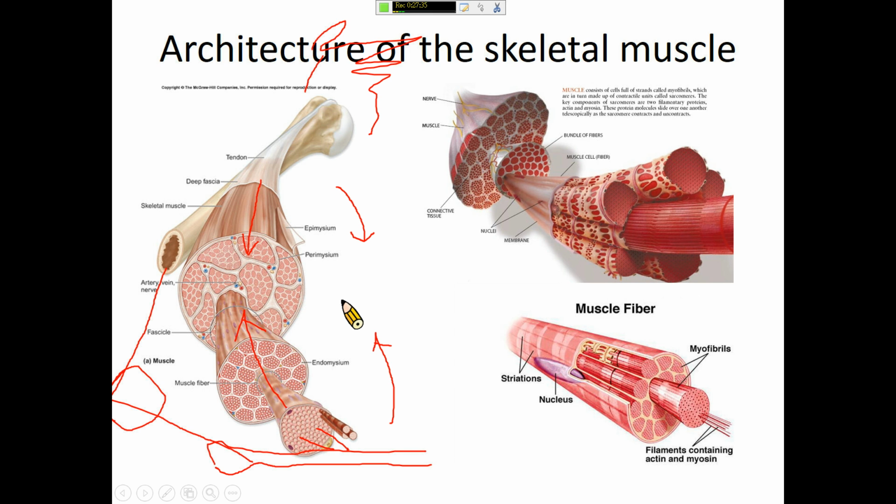It's possible that this guy is too heavy, I'm trying to pull it, but I cannot move it. So I'm exerting a lot of force, but there's no postural change, no movement. But my muscles are working very hard.